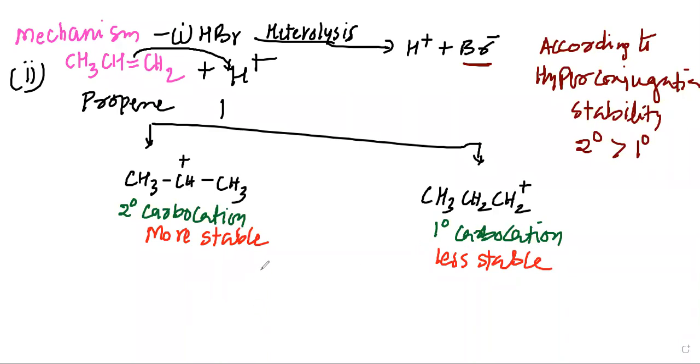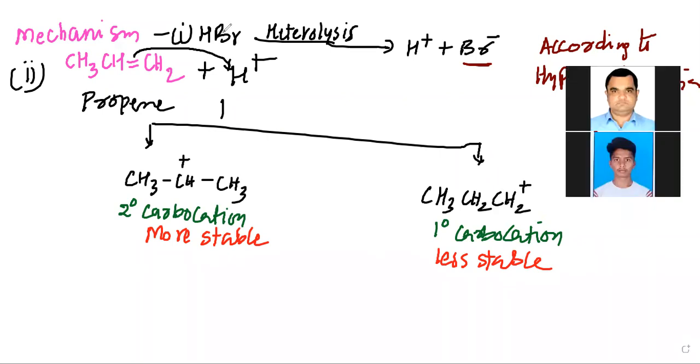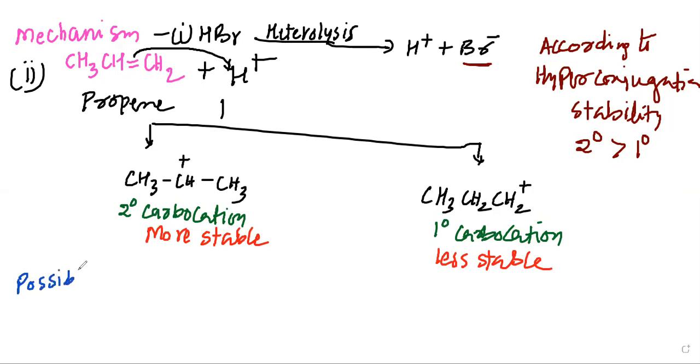There is one particular kind of reaction which is also possible. So let me explain something which is even possible here. One more possibility I would like to share with you, dear student. Possible reaction.